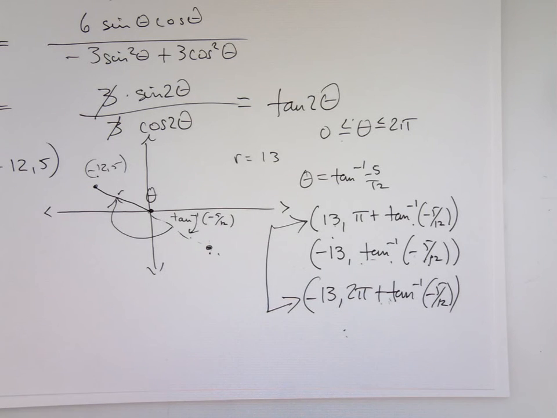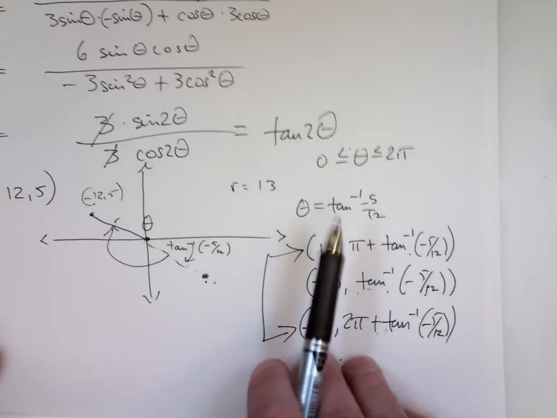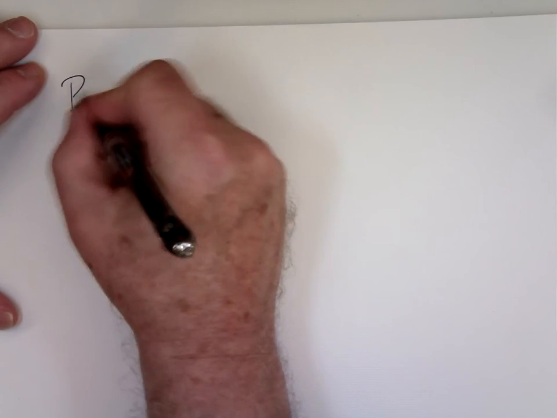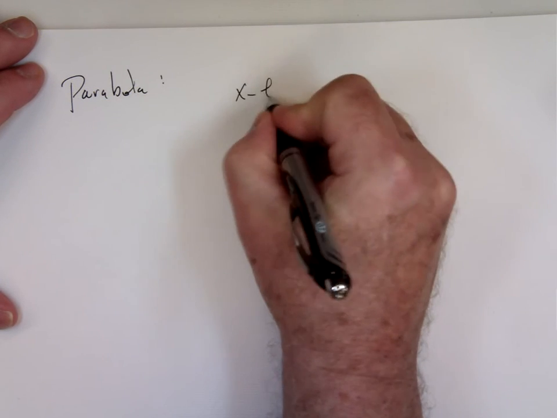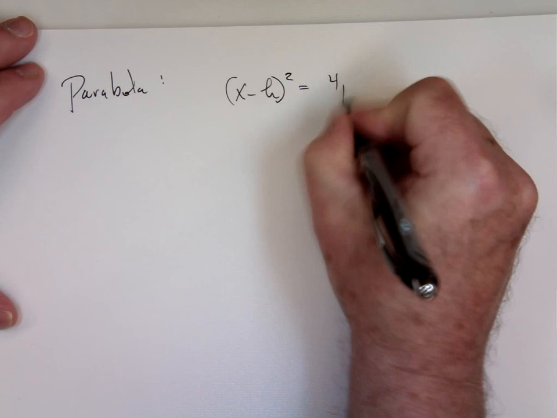Yes? Could you write out the equations along with their forms? Like the ellipse, all that stuff, the parabola? Yeah, sure, we can do that. Here you go. Parabola: x minus h squared is equal to 4p times y minus k.